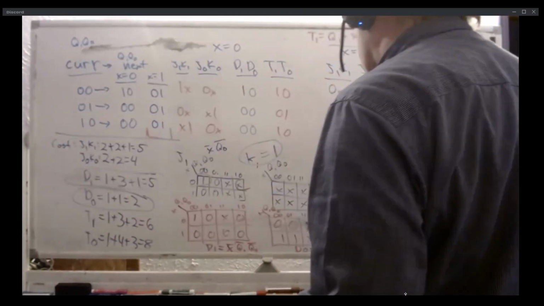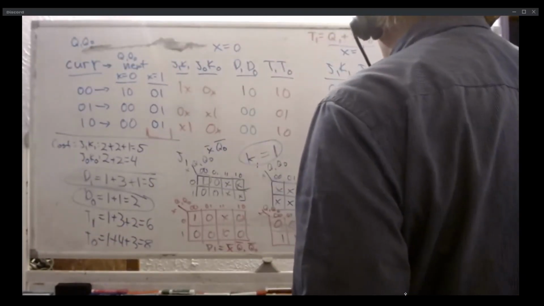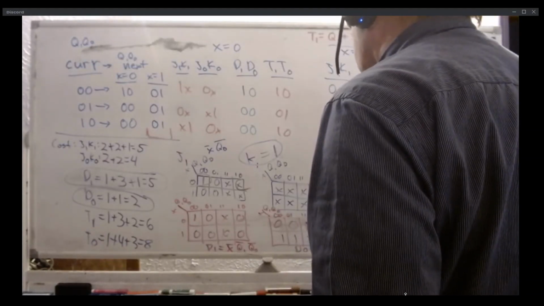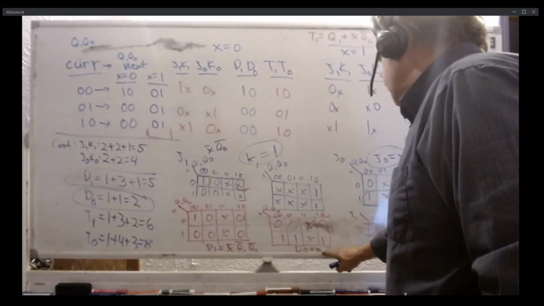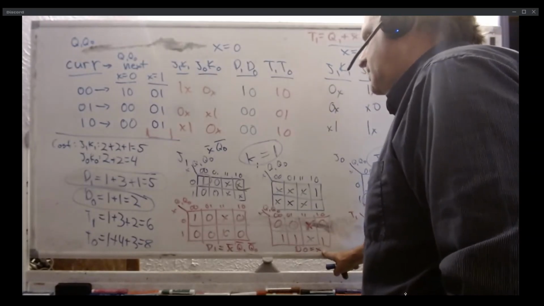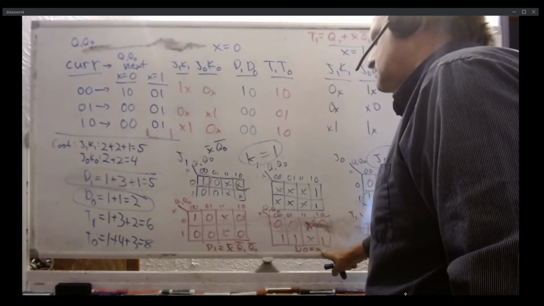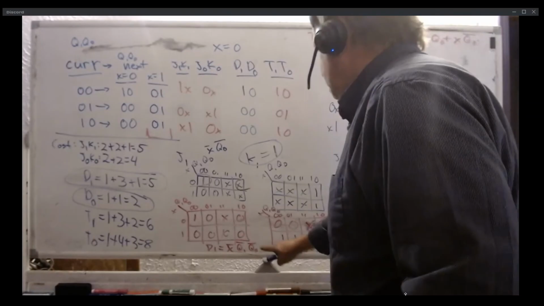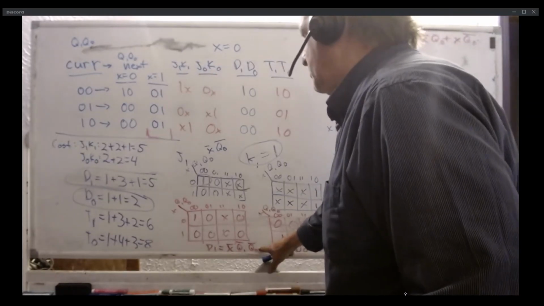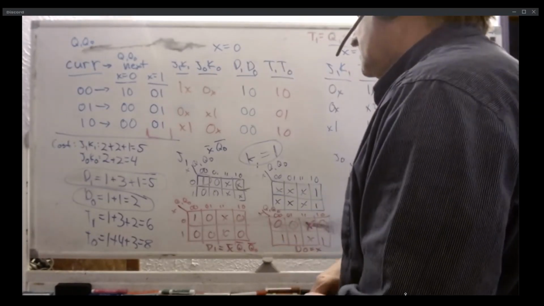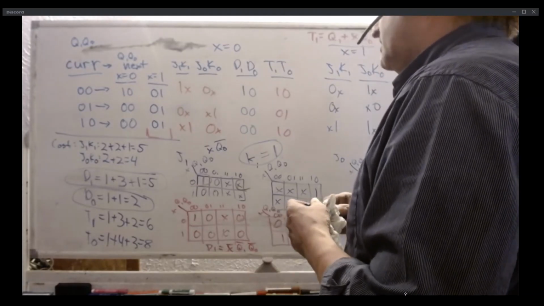D0 is just X, no gate here. And we need a 3-input AND gate here, and we're done. That's pretty cool, isn't it?